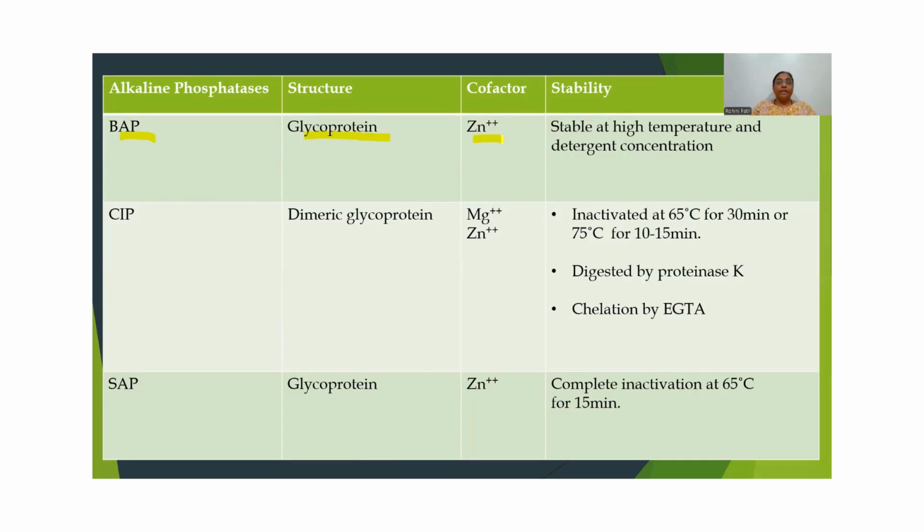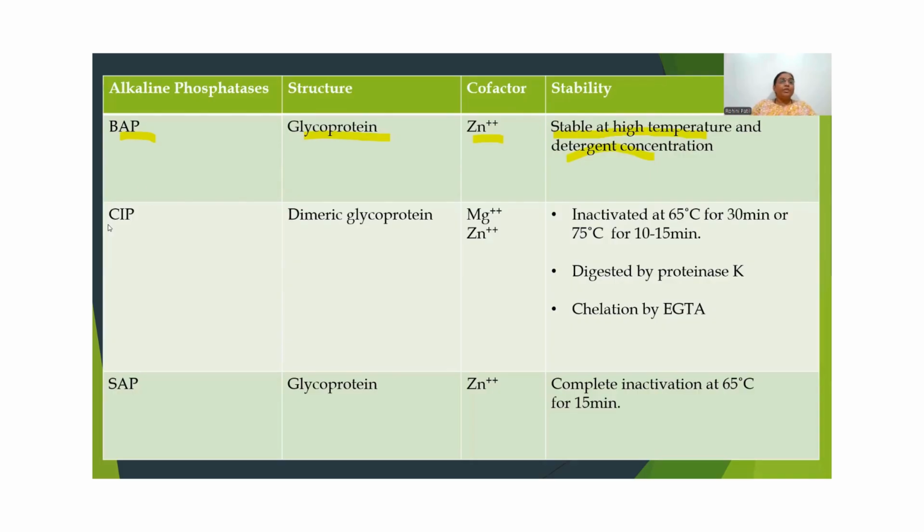Just now we have seen that alkaline phosphatases are metalloproteins, so there is a requirement of metal ions, and the metal ion required by bacterial alkaline phosphatase is zinc. These enzymes are highly stable at high temperatures, and also stable at a high concentration of detergents.